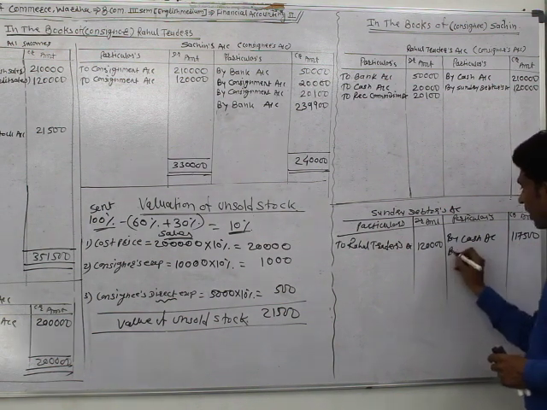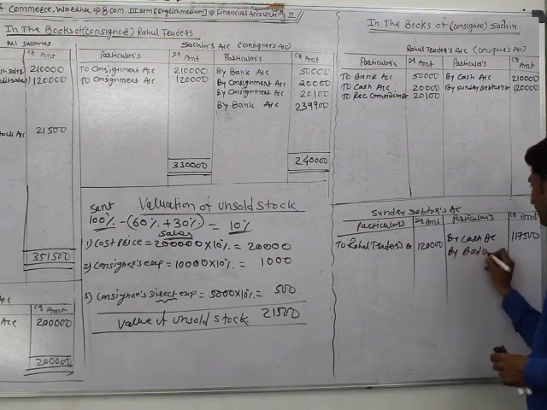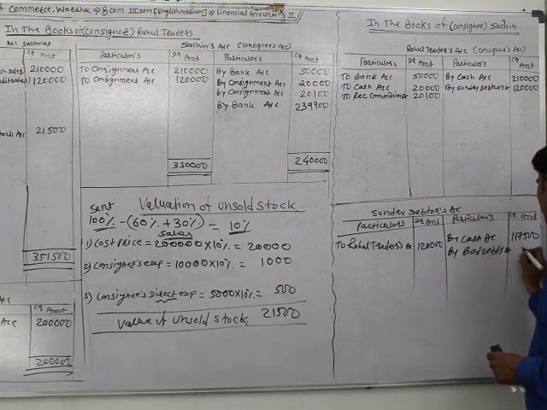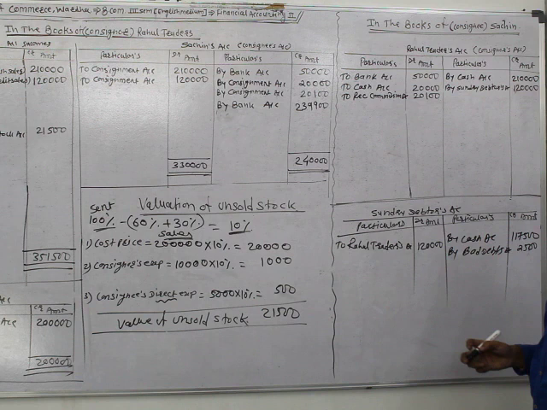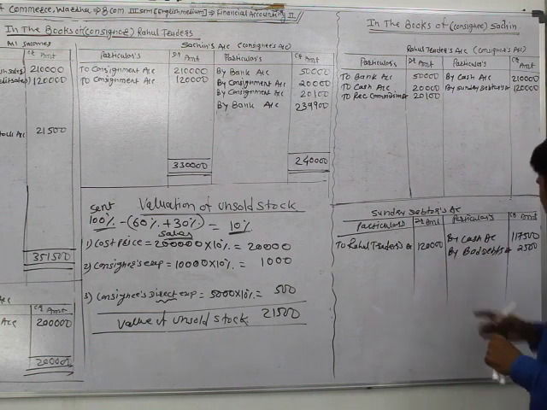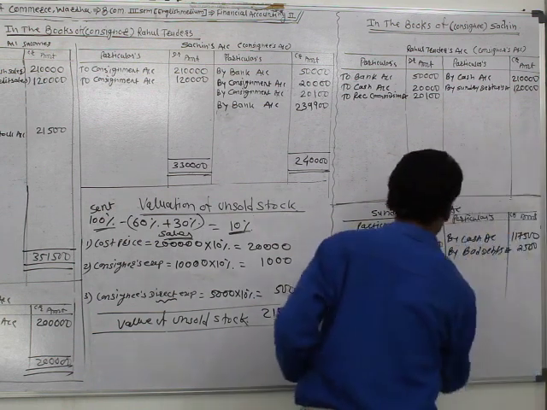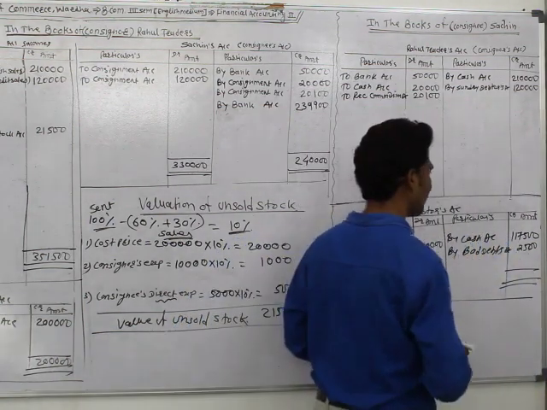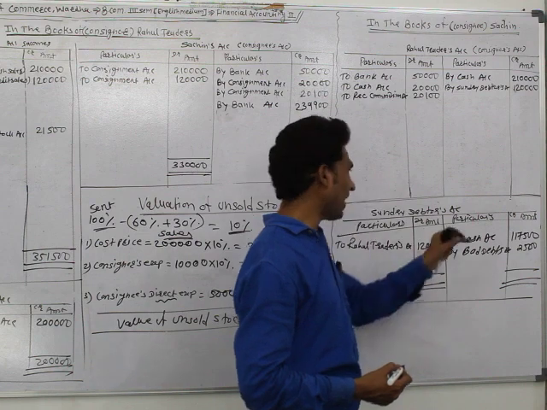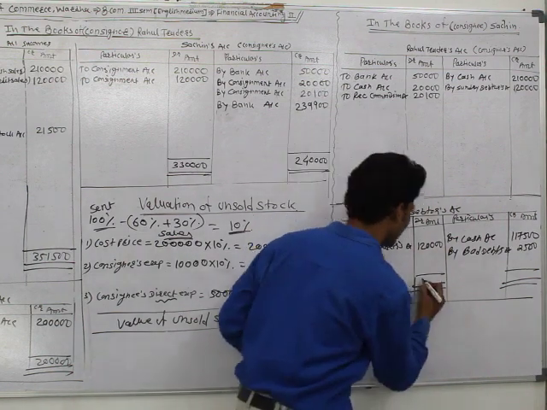Then bad debts account debit, bad debts account rupees 2,500. Many times I have said that it can also be debited to received commission account if it wants. And close the debtors account. It recovered rupees 1,17,500 and suffered bad debts of rupees 2,500, and the debtors account is closed at rupees 1,20,000.